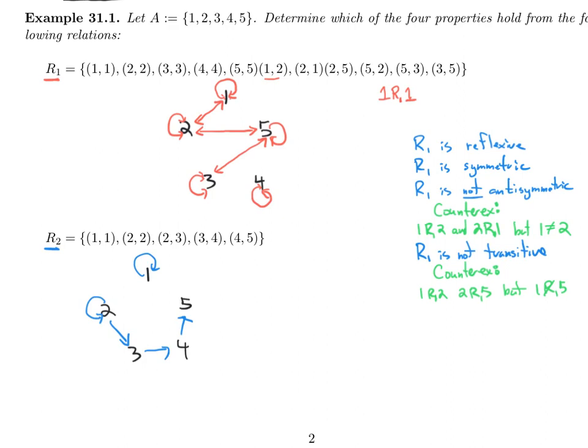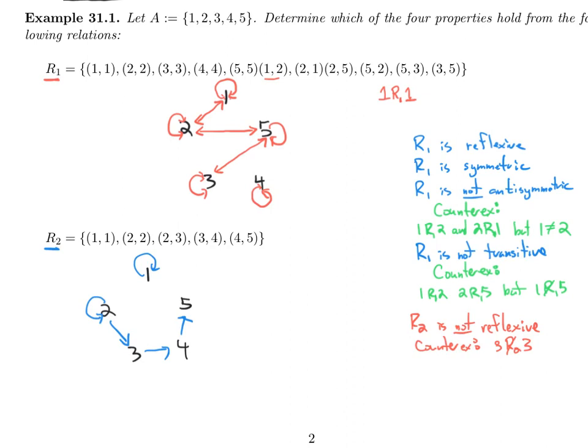This is not reflexive because, for example, 3 isn't related to itself. So I'll write this in red, R2 is not reflexive, and our counterexample is that 3, for example, is not related to itself.